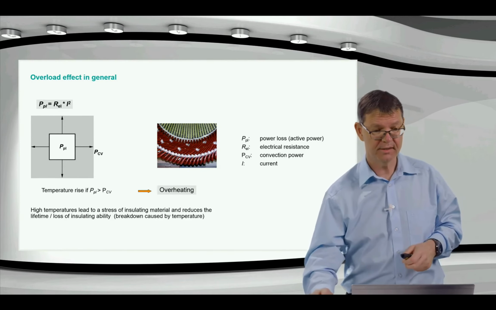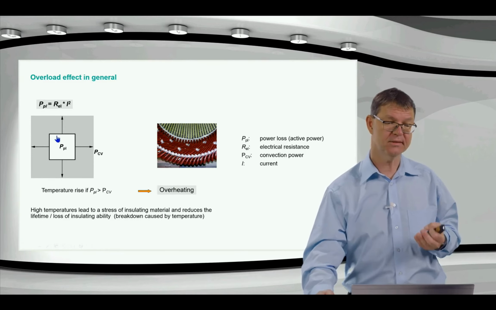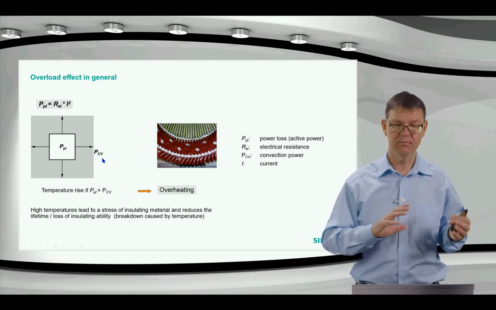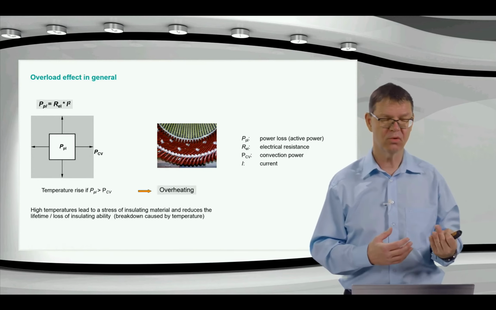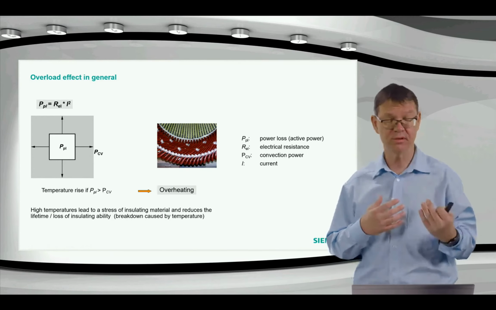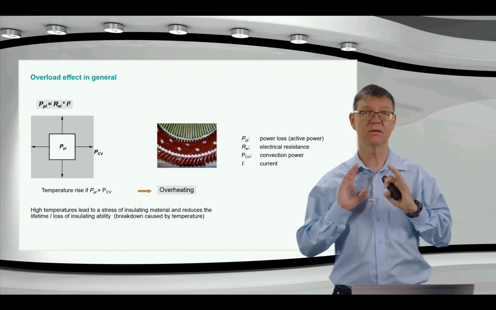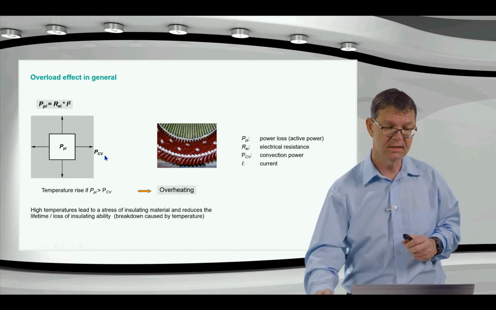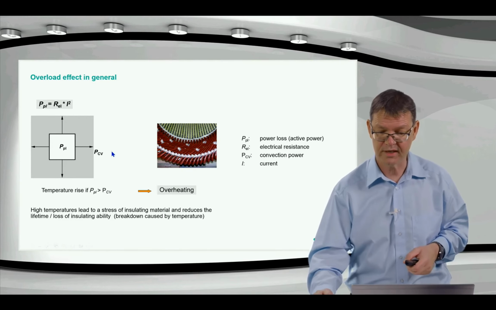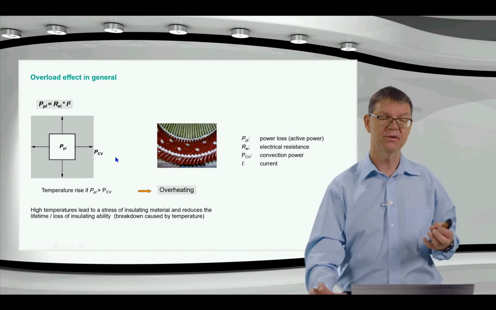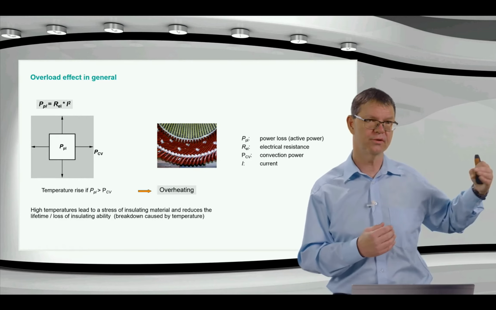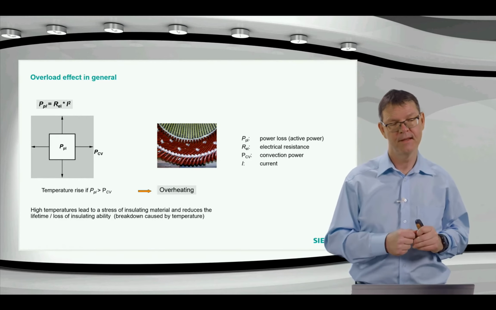I put in power via the electrical power, but on the other hand, after some time, if I put the current into the motor, I will have a kind of stable situation, because there's also some power going out of this motor. And this is what we see here as PCV, the convection power. So the power that flows out of the motor because of a temperature difference to the ambience.